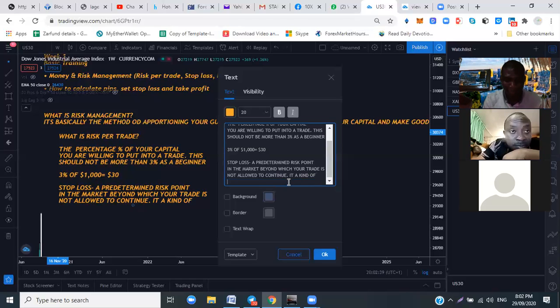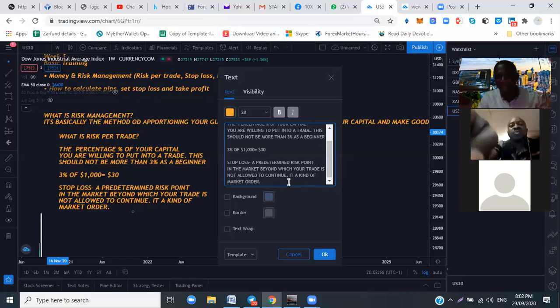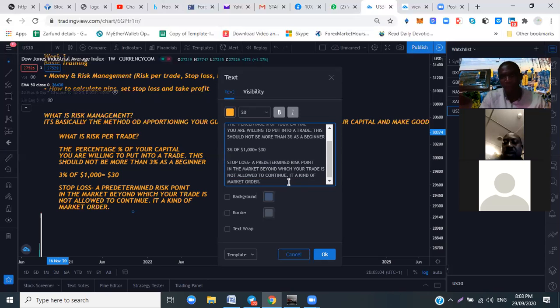So it's an instruction that you have placed on your trade, as part of the parameters of your trade, that when a trade goes against you to a certain level, the market should cut that trade so that you don't go into a loss that is beyond what you planned for. That is what a stop loss is.